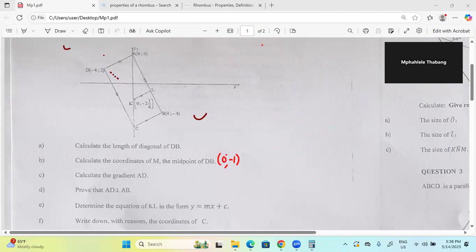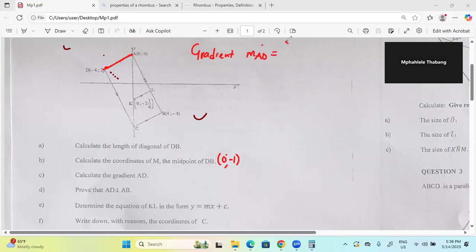So the line from A to D, we are looking for the gradient of this line AD. Okay, to find the gradient, you need to use what we call a gradient formula. So you are looking for the small m of AD. The small m represents the gradient.